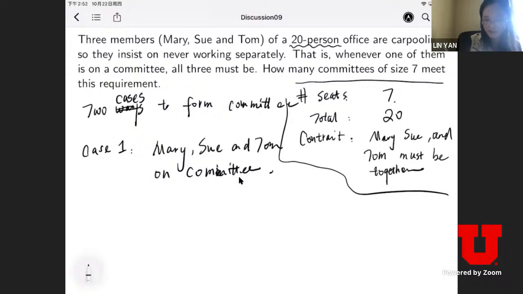This is the answer from Peter. That means we have already fixed 3 of them, and then we need to choose another 4. So it is 17 choose 4.